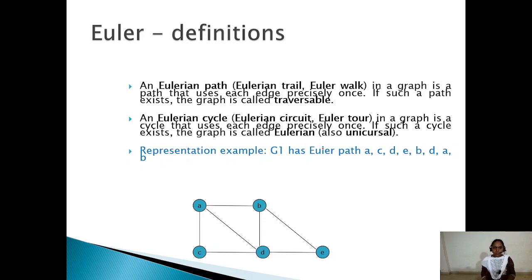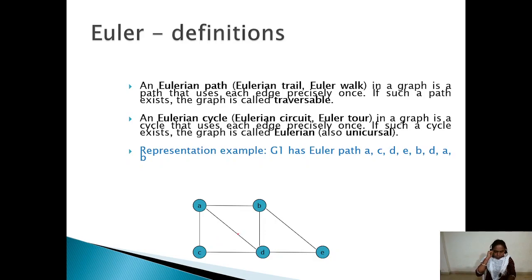It has one condition: you visit each edge exactly once. This is the Euler graph.